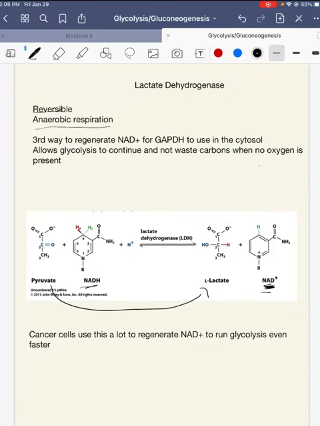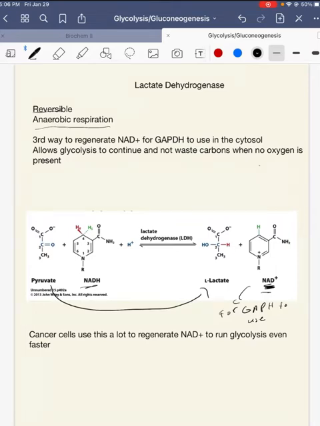And this is actually the third way that the cell can regenerate NAD for GAPDH. So the cell runs anaerobically to not waste the carbons it's made in pyruvate. And it also helps regenerate NAD for glycolysis to run faster.